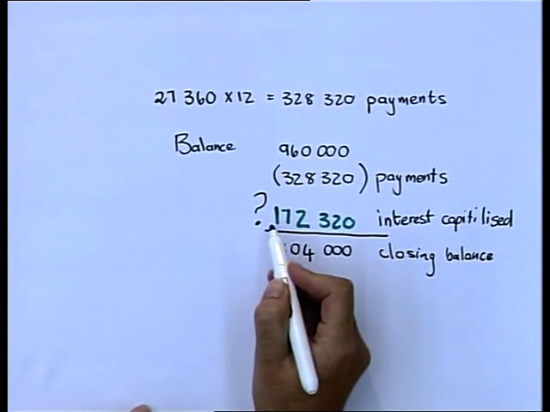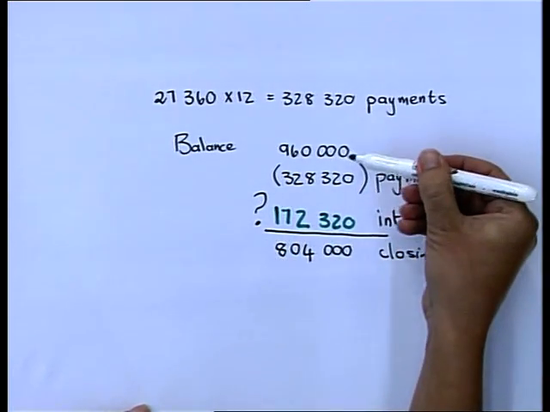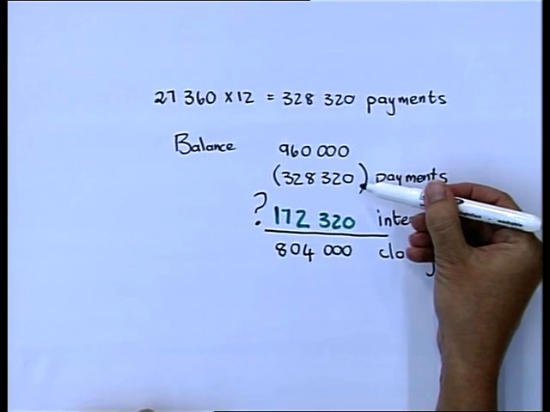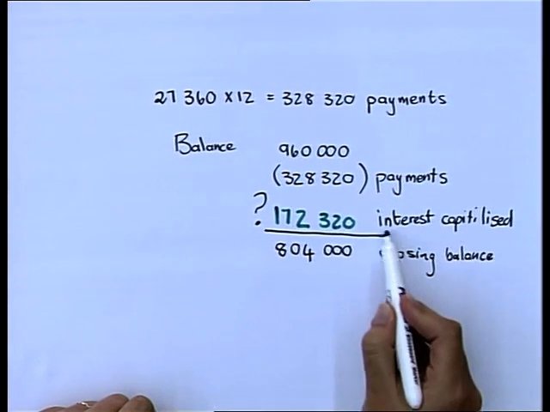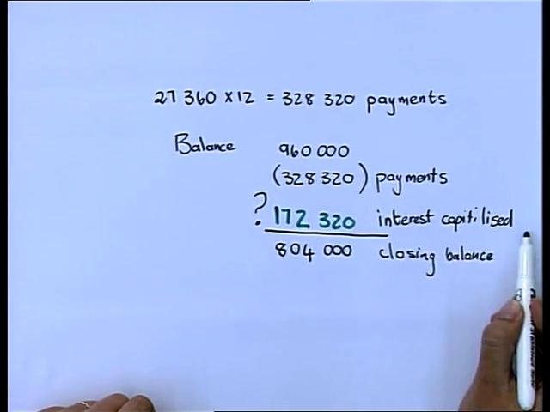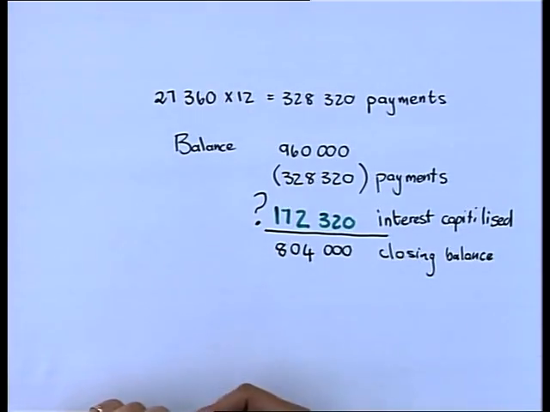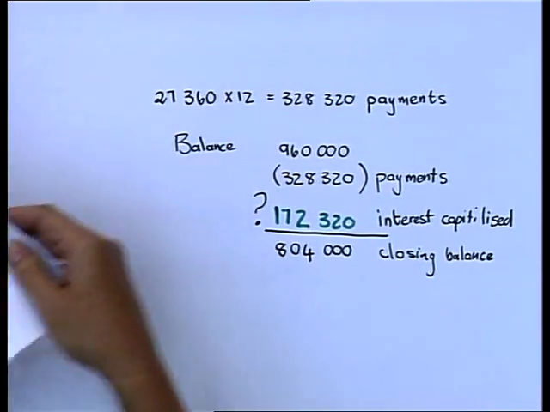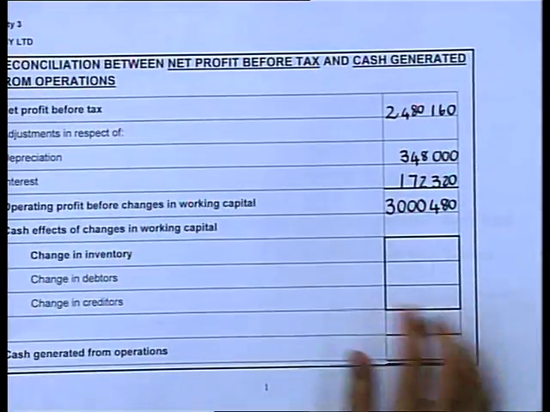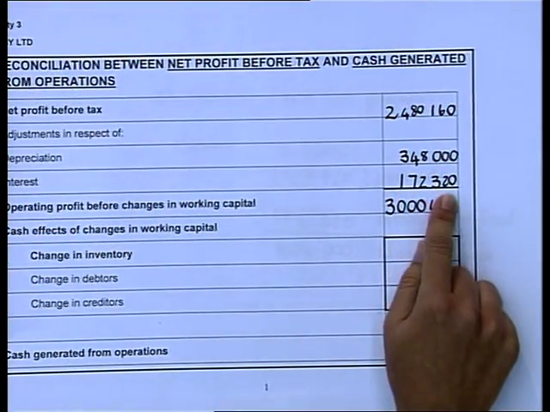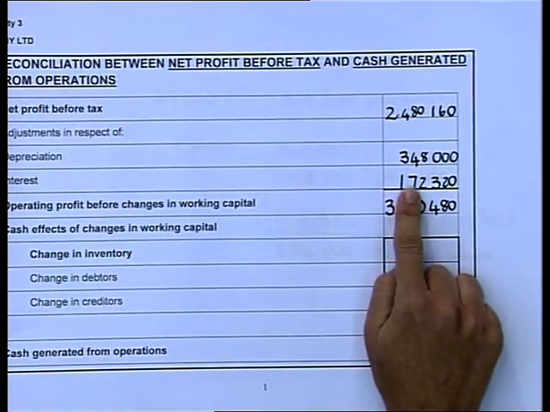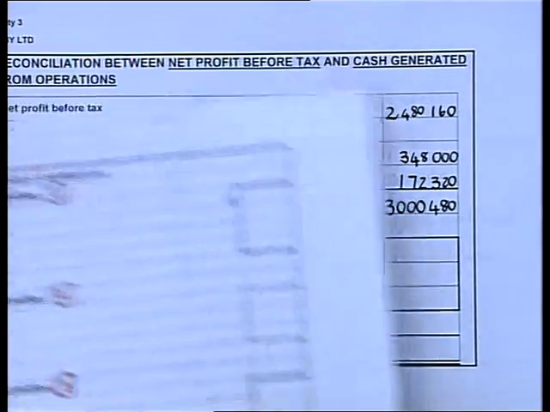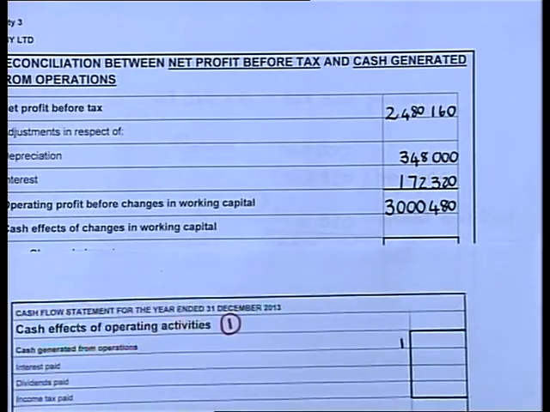I've made a linear equation, and this was my x, and I said 960,000 minus 328,320 plus x is equal to 804,000, and that gives me the interest capitalized during the year, and that interest is the figure that I'm going to put into the note over here, interest 172,320. Remember, in the reconciliation, I added back so that in the face of the cash flow statement, and let's just do that right now, 172,320.